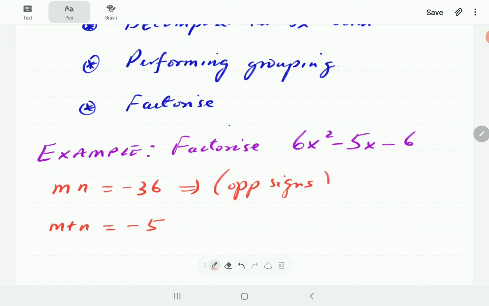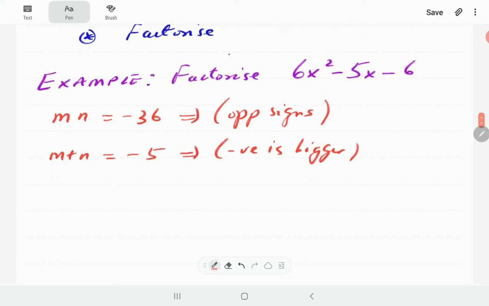So one of them will be positive and the other will be negative. And then the second line tells us that when we add them, the final answer is negative. So this one is telling us that the negative number between the two of them is going to be bigger.